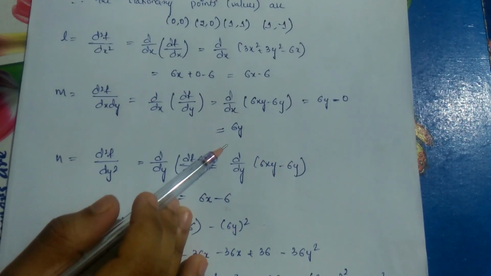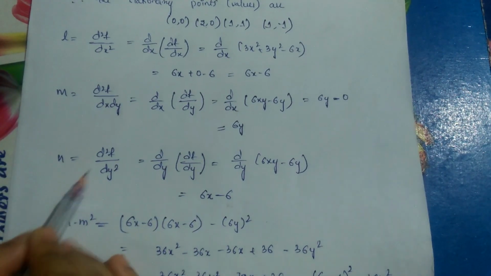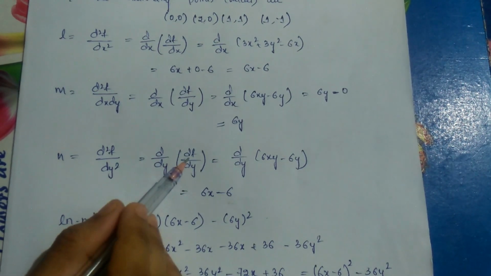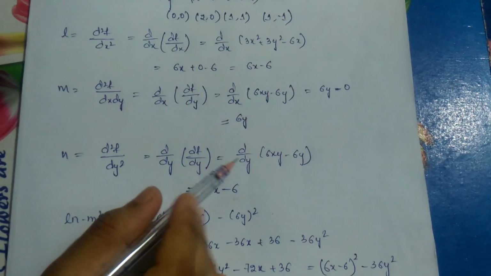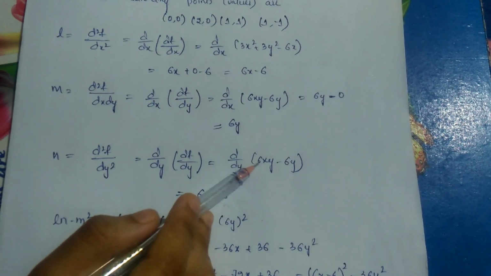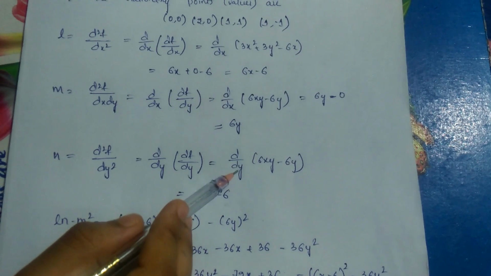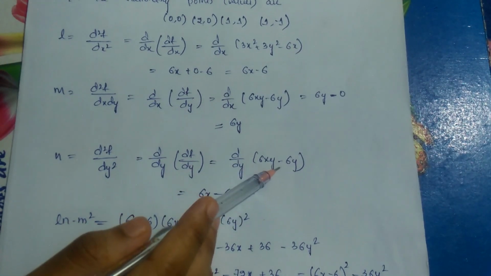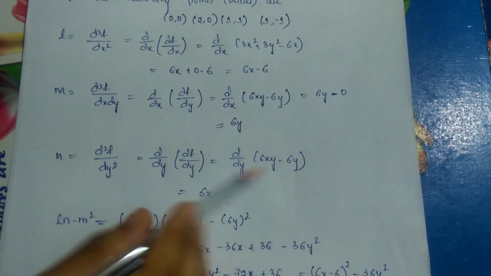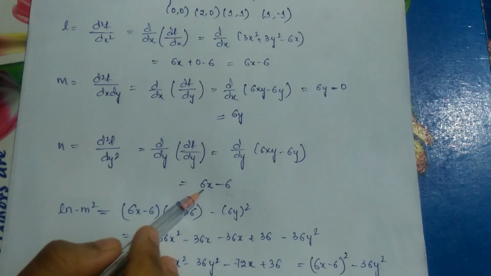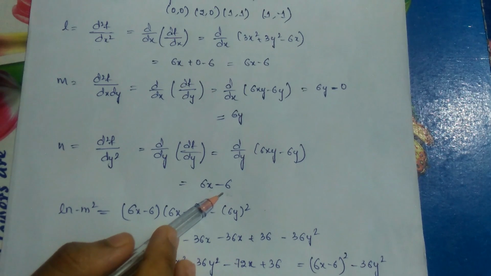Then it comes to the N value. N is equals to dou square f by dou y square, that equals dou by dou y of dou f by dou y, and that equals dou by dou y of the function 6xy minus 6y. Now 6xy differentiation with respect to y is 6x, and minus 6y derivative with respect to y is minus 6. So N value comes as 6x minus 6.